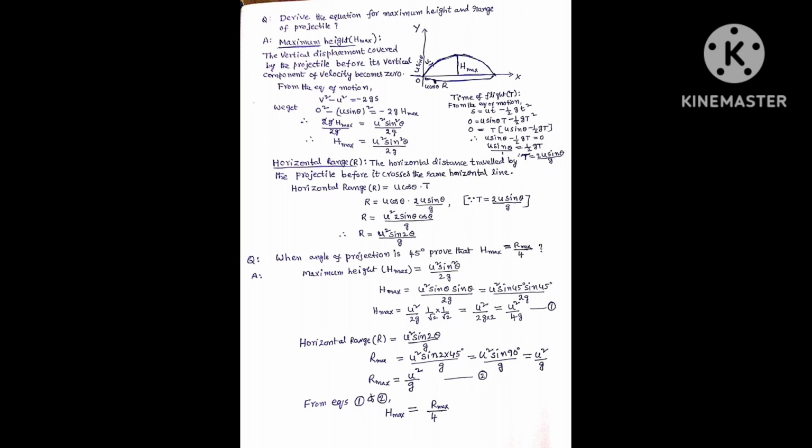To find horizontal range, R equal to u cos theta into capital T. Here capital T is the time of flight.